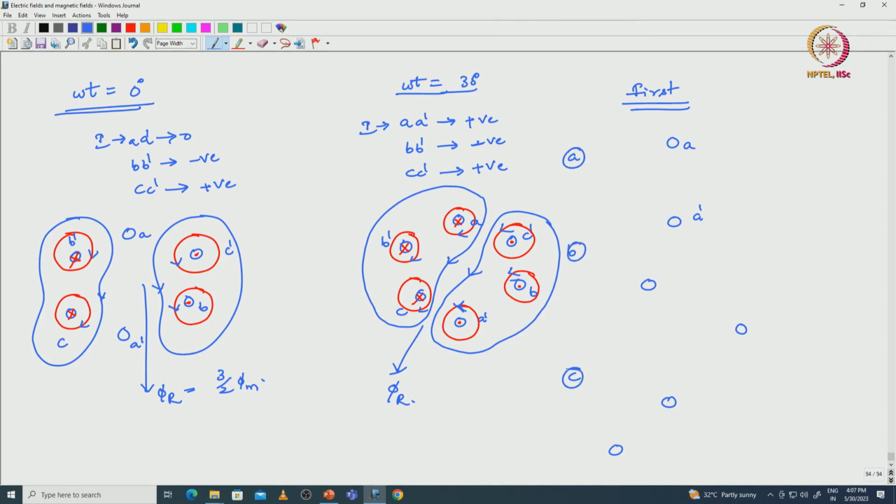Consider the positive currents as a reference, then A dash, and then for B dash, here cross and here dot, and C dash, here cross and here dot. Then analyze the flux loops.